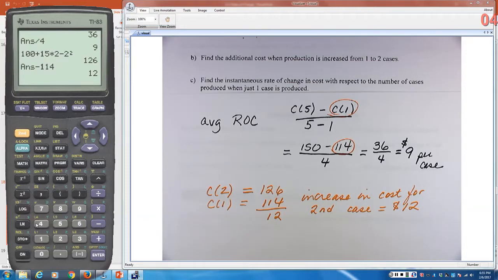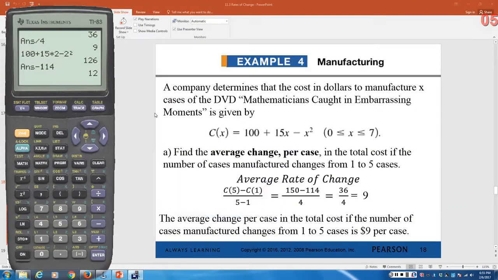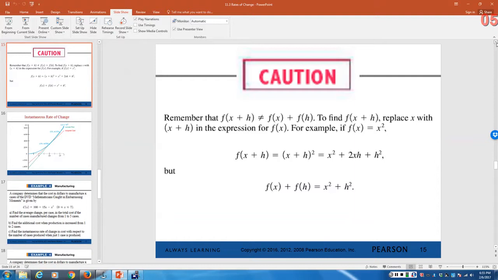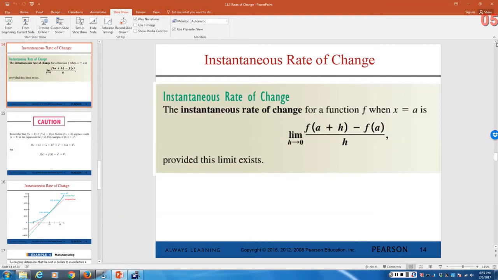What is the instantaneous rate of change with respect to the number of cases produced if you produce just 1 case? For the instantaneous rate of change, we're going back to this. Okay?